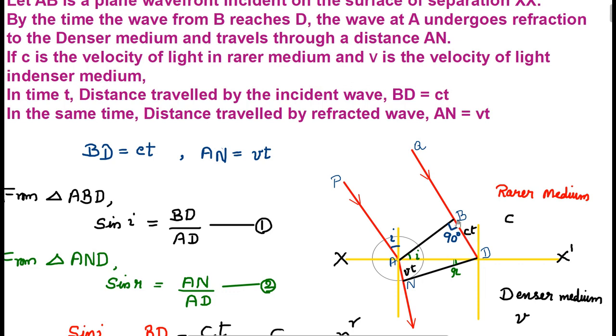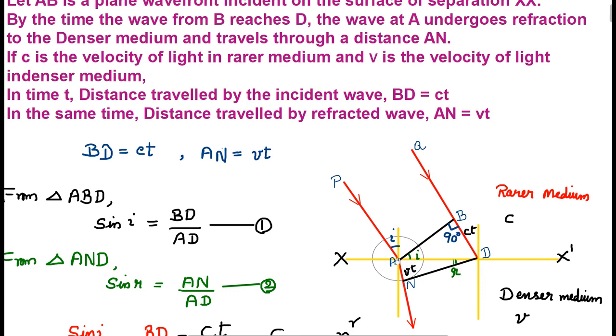By the time the wave from B reaches D, the wave at A undergoes refraction and travels through a distance AN, which is equal to V into t. Since V in the denser medium is less than the velocity in the rarer medium, AN is less than BD.